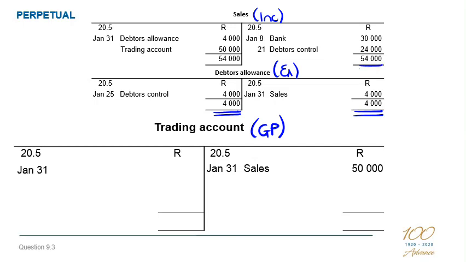I close them off, and this whole process for sales will result in the net sales increasing profits on the credit side. Remember, trading account is a calculating account, so I'm trying to calculate the gross profit, which is equity. So sales will end up on the positive side.